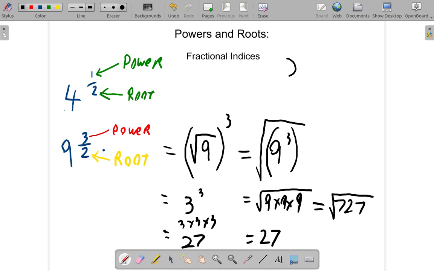If we have x to the power of a divided by b, what we really are doing is saying we're finding the b root of x, and we can raise all of that to the power of a.